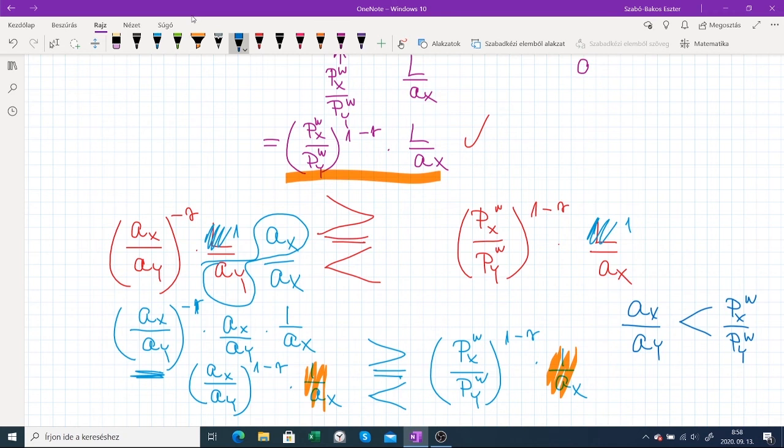And since the Px over Py is bigger than the Ax over Ay, the right-hand side of the equation is bigger than the left-hand side of the equation. The real GDP for a small open economy is bigger than the real GDP for a closed economy.